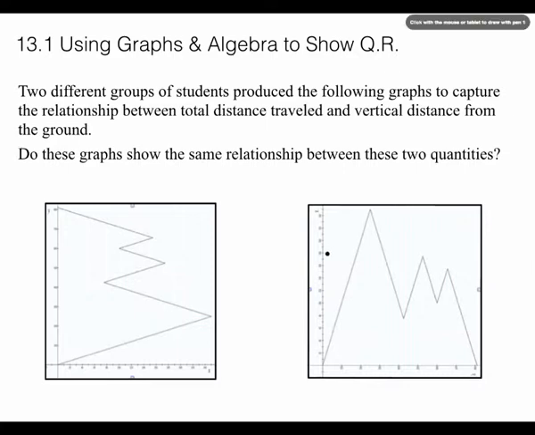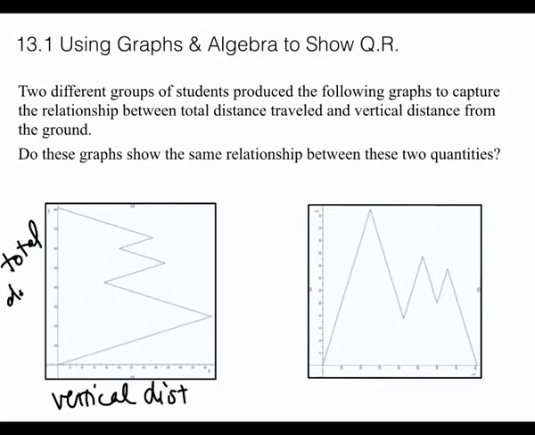Well, how would we have to think about the axes labeling on the left side? What should I label the horizontal axis here? Vertical distance. This is the vertical distance, and this is the total distance. How do you know? Brandon, how did you know?